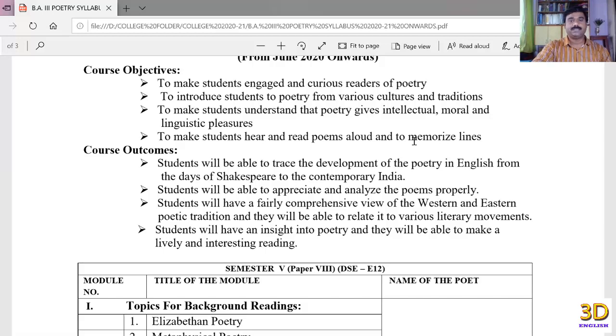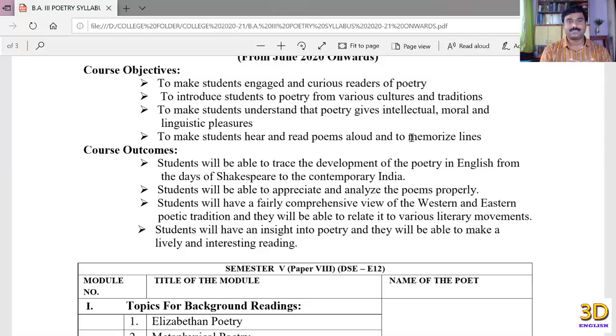So if they learn how poetry is composed and what the elements of poetry are, they themselves will be able to compose poetry and share, and in a real sense they will understand poetry, rhyme, rhythm, what kind of images are used in a particular poetry, and how this poetry gives pleasure to the mind of the reader as well as the author, or you may say the writer or poet.